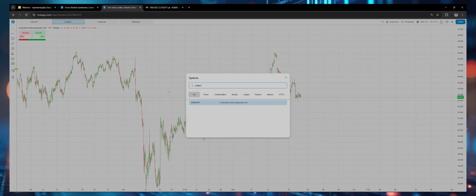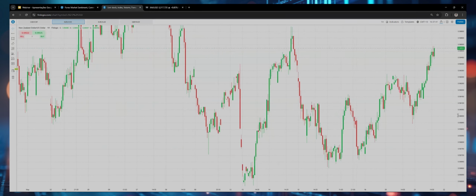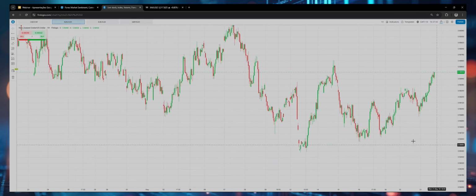Let's say NZD USD. Let's have a look. NZD USD, NZD is a risk on currency as well. So we have this as a very risk sensitive sort of currency.